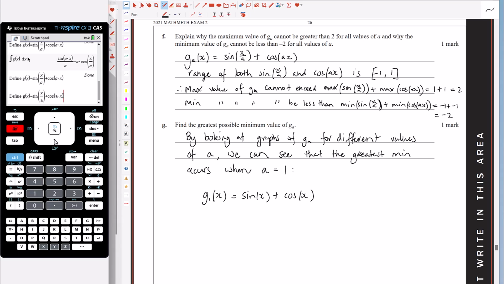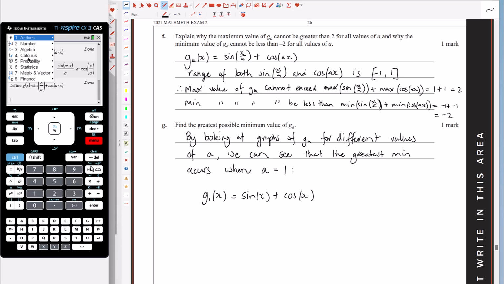So we can use this version here, we don't need to get rid of the A's out of it. Let's just do function minimum of g of x, which has got A equals 1 in it, for x, and again it's trig, so we need a domain. We've decided the period of this function is 0 to 2 pi, so let's just use that.